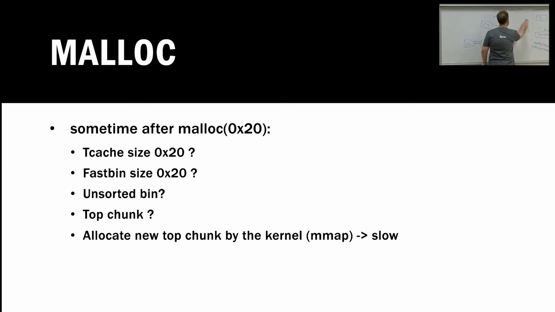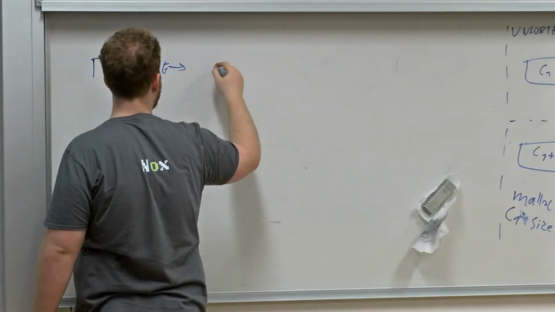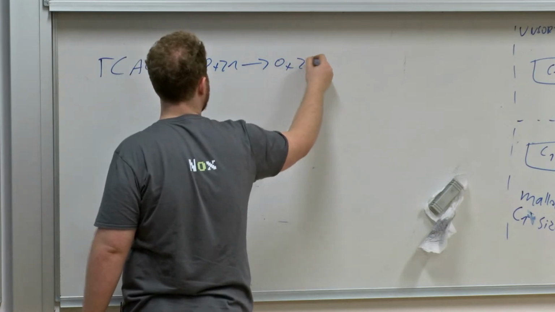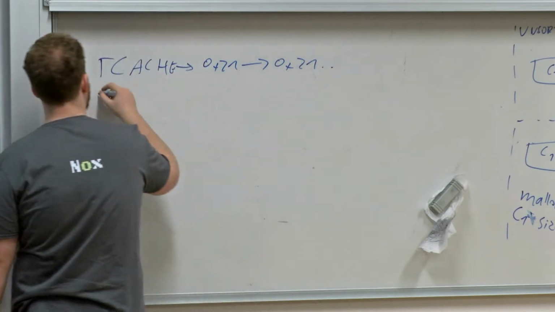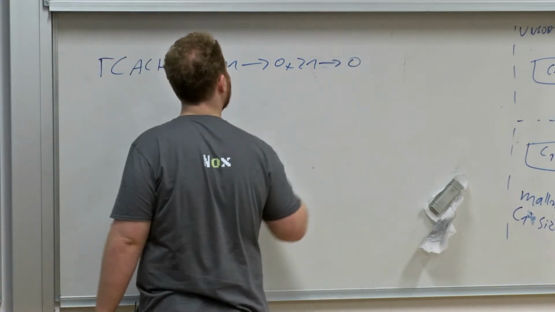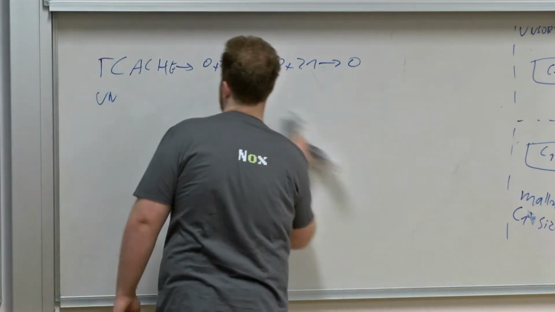For example, we have tcache, and then we have fast bin.